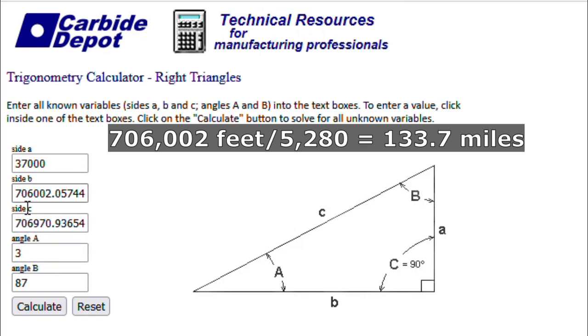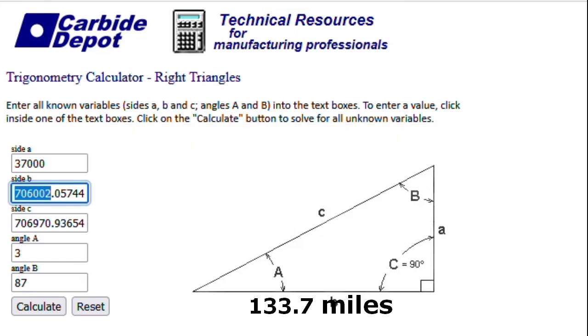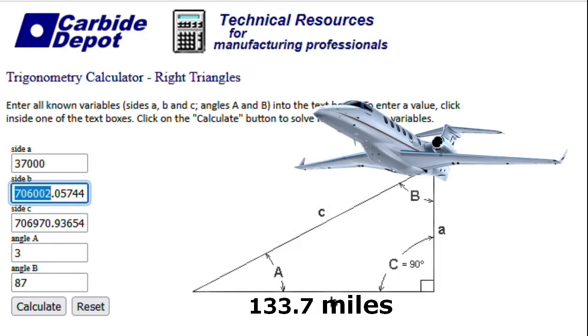Divide that by 5,280, and we get 133.7 miles. That means the top of descent should start at 133.7 miles away from the runway. A pilot will generally want to stay on that straight glide path all the way to the target.